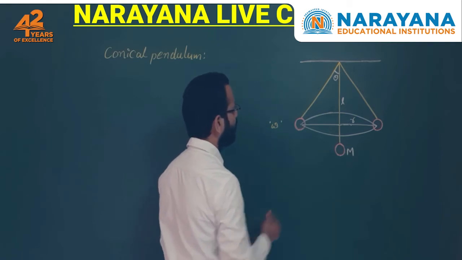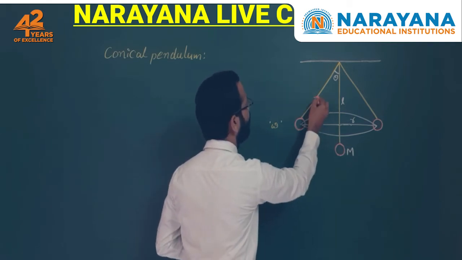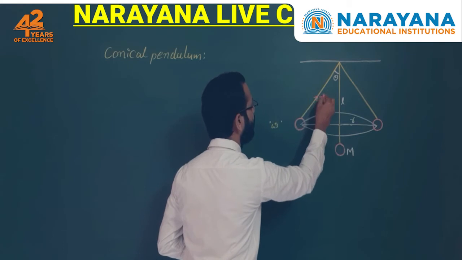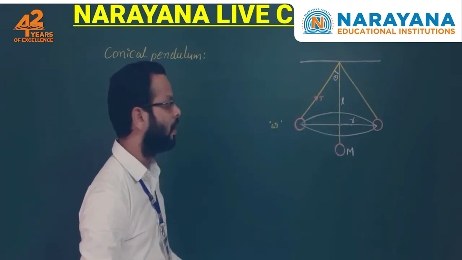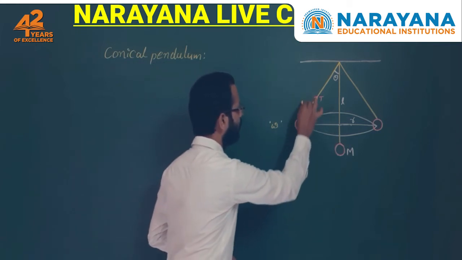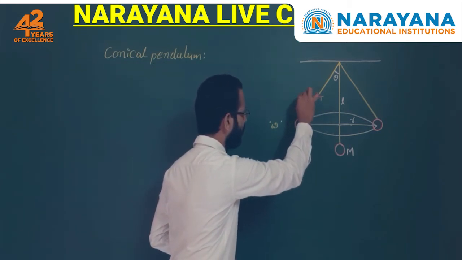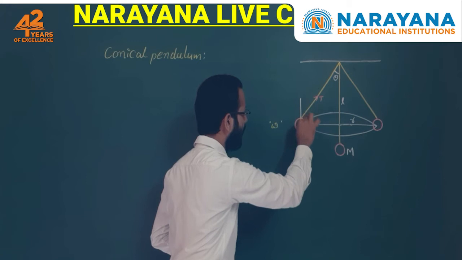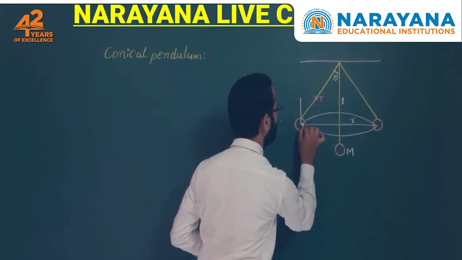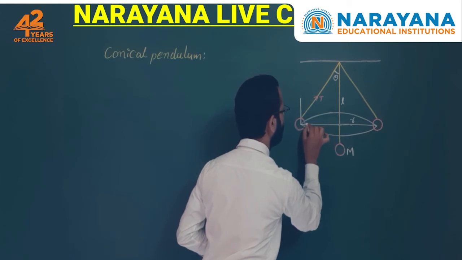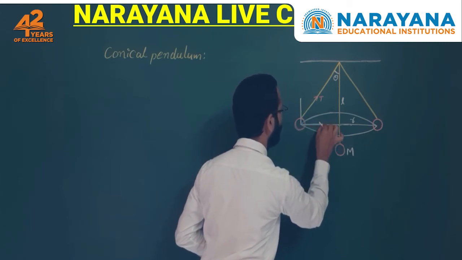Then let the tension in the string be T. This tension will have two components, one acting along the vertical, and one acting along the horizontal, along the radius.